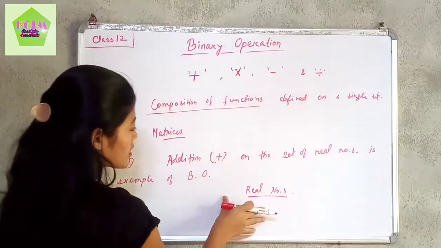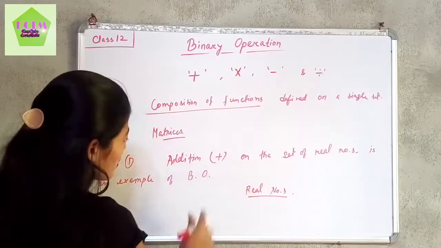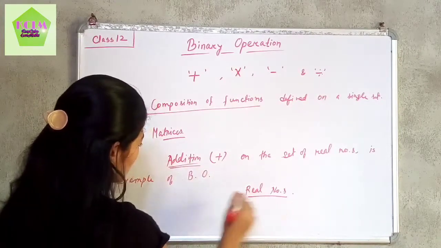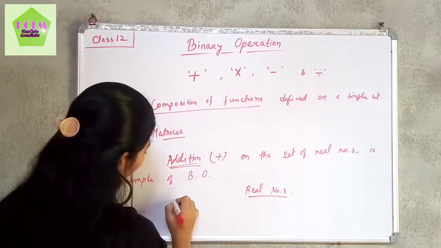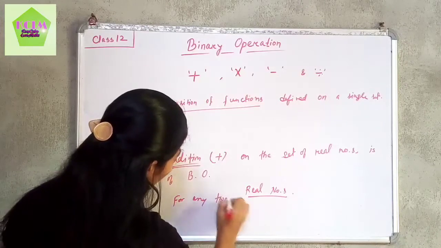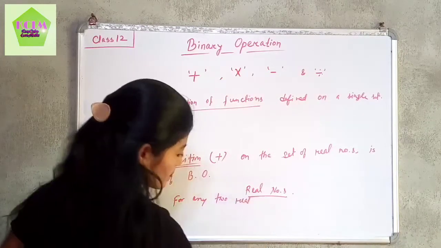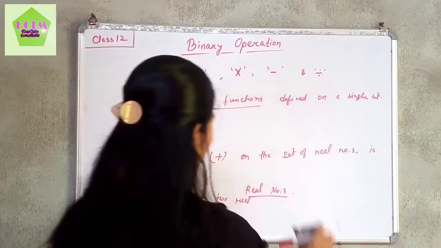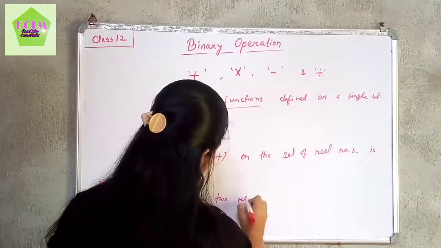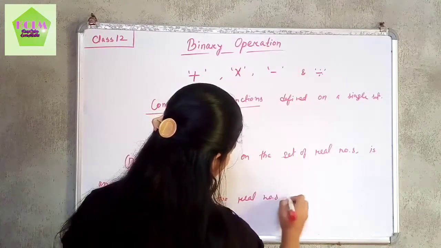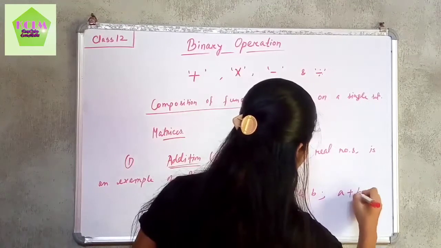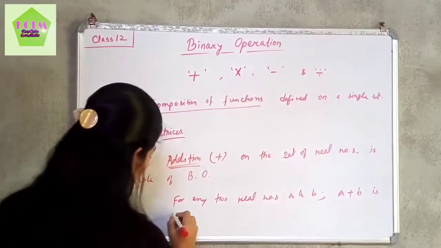We all know the set of real numbers. Now, addition is a binary operation on the set of real numbers, because for any two real numbers a and b, the sum of these two real numbers is again a real number.